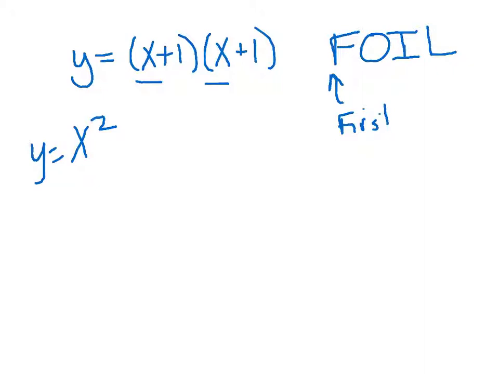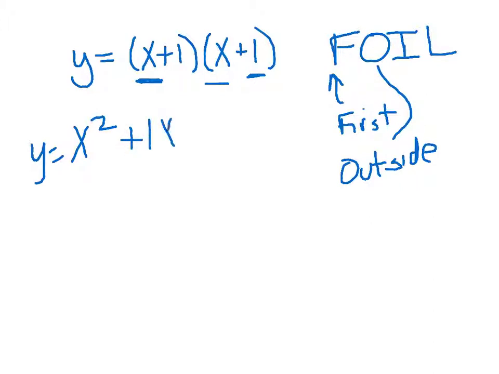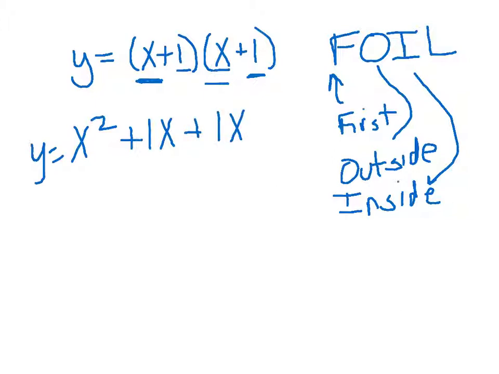And then we're going to multiply the outside terms, x times 1, 1x, and multiply the inside terms, plus 1 times x, 1x.